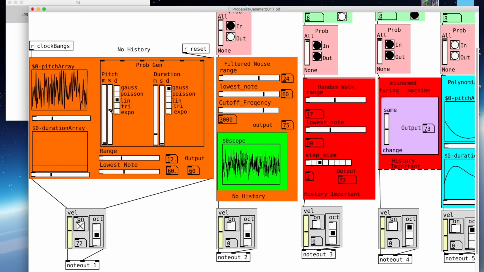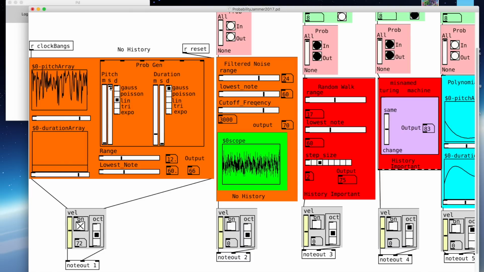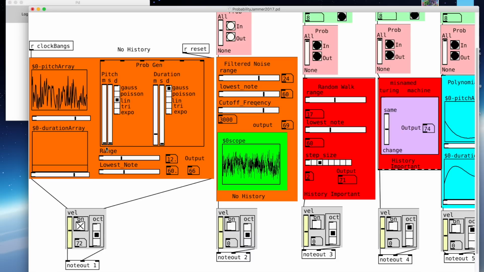There are 3 linear distributions. This one here in the middle means it's a uniform distribution. That means every note is equally likely. When I go up here, we have a high bias. More high notes than low notes. When we go down, we have a low bias. More low notes than high notes.